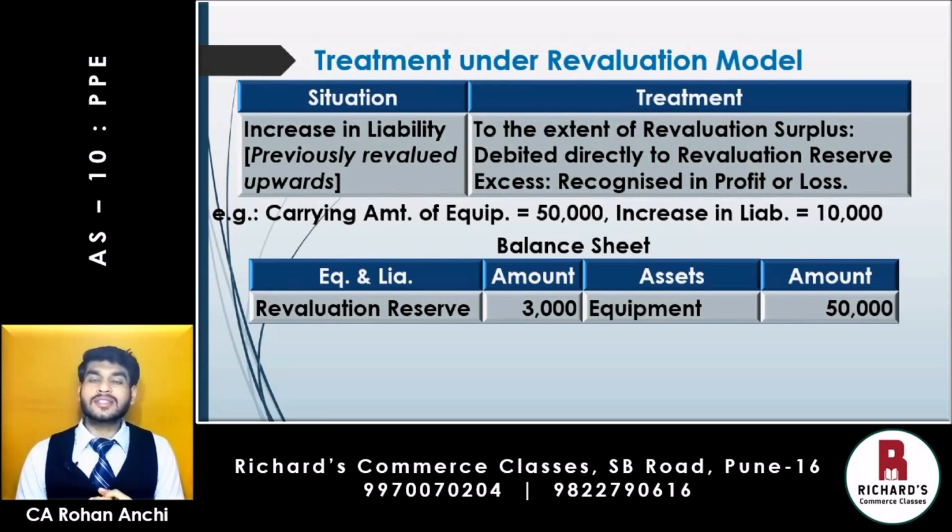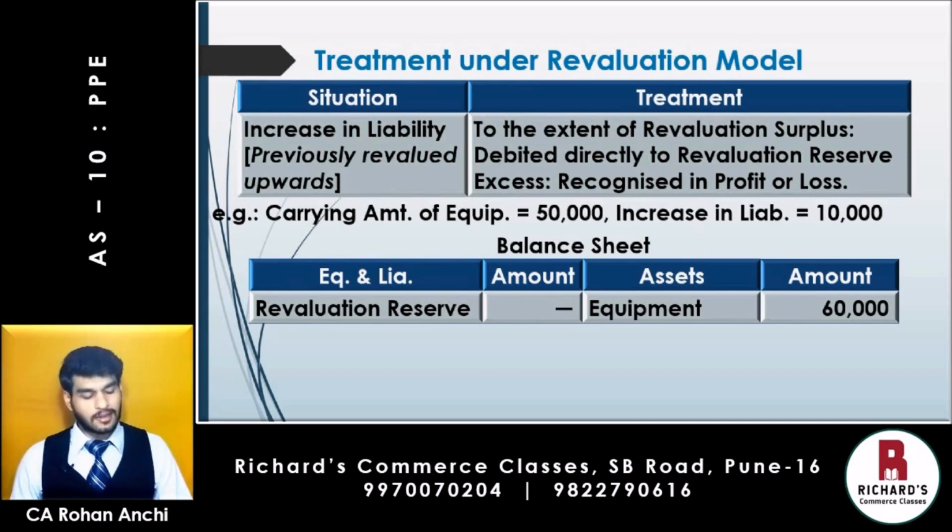Firstly, the equipment's new carrying amount is going to be increased by 10,000 rupees, so the new carrying amount is 60,000 rupees. Now, this increase in liability of 10,000, how should it be accounted for? The first part says, to the extent of the revaluation surplus, debit revaluation reserve. So if you see, there is some surplus in revaluation reserve, and that is 3,000. This entire 3,000 will be debited and the balance in revaluation reserve will become nil.